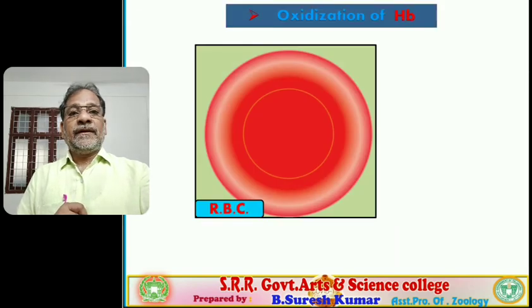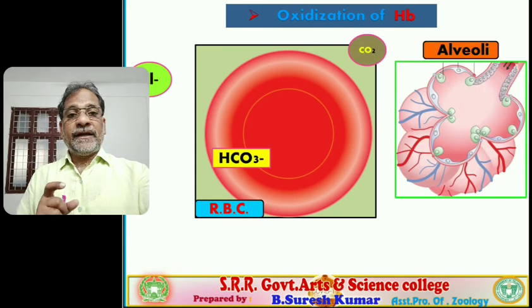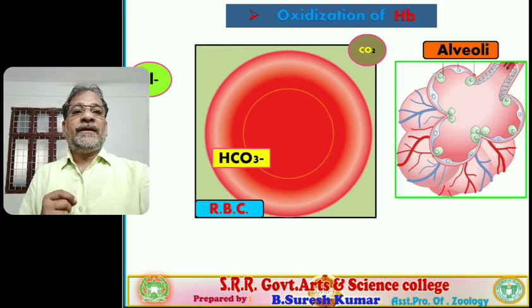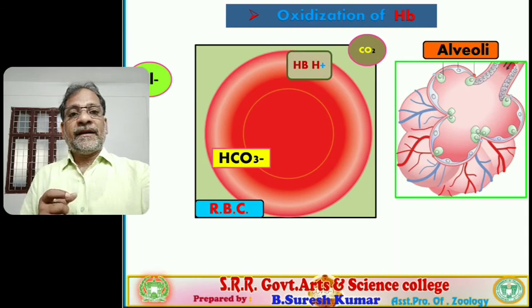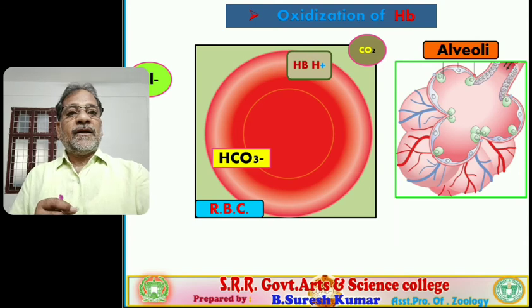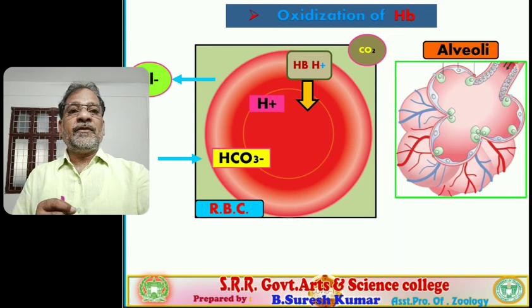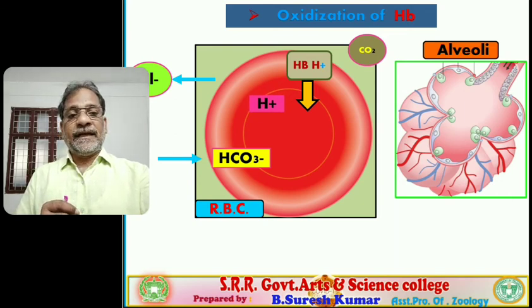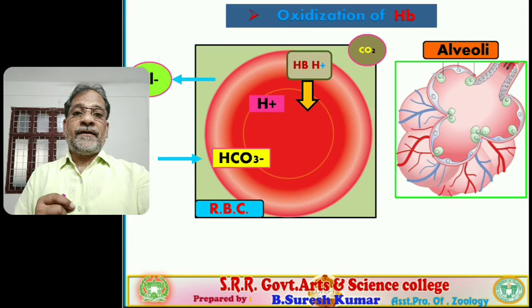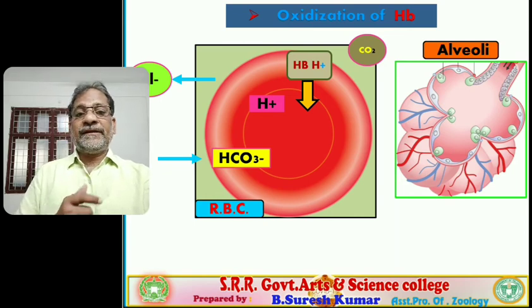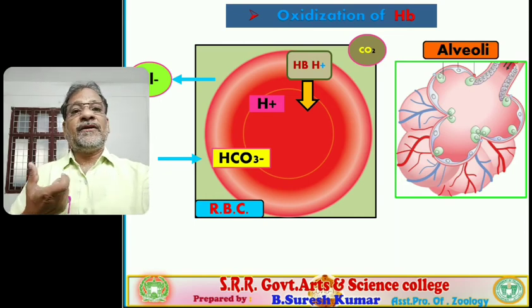Right. Next, second event, oxidation of hemoglobin at alveoli. Here you observe oxidation of hemoglobin. So what is oxidation of hemoglobin? The hemoglobin in reduced condition is HbH plus. Now the H plus ions are released from the hemoglobin, that is oxidation, and simultaneously at alveoli the oxygen partial pressure is greater, hence it picks up the oxygen.